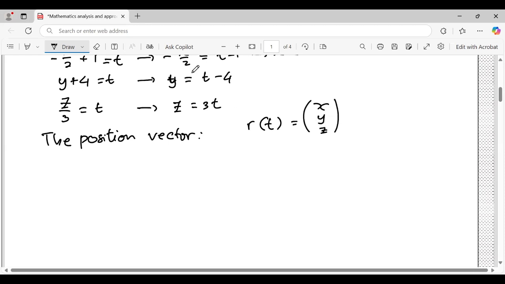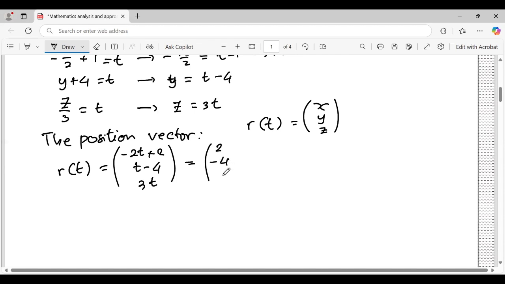According to this result, we can write the position vector. x is minus 2t plus 2, y is t minus 4, and z equals 3t. So we can write it like this: (2, minus 4, 0) plus t times (minus 2, 1, 3), like this.